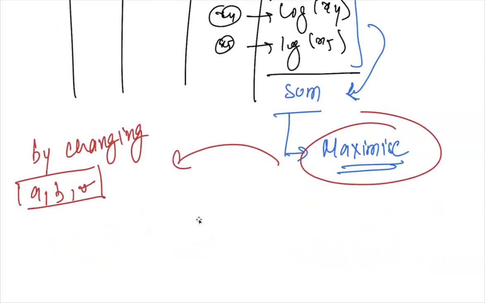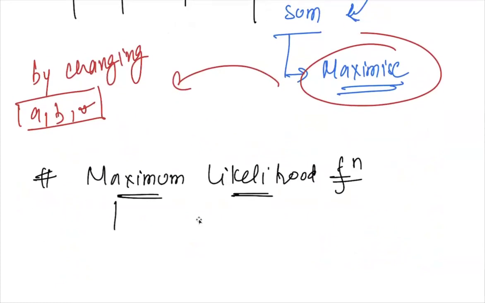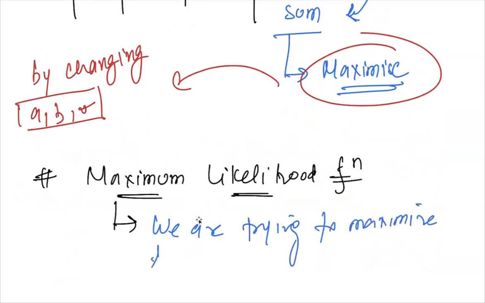And this is what we call the concept of the maximum likelihood function. We are trying to maximize the likelihood of this function.